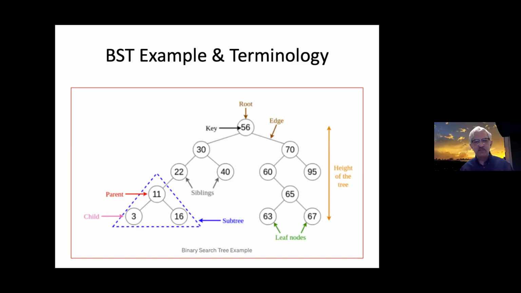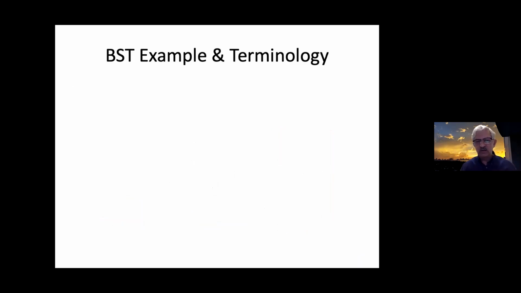Whereas with a dynamic binary search tree or with dynamic data structures, you never know what kind of values are going to come in and what kind of values are going to leave the tree. So it's very difficult to pre-plan and to make the data structure as efficient as possible. Remember, the efficiency of the data structure depends on its height, and that's because we saw this in the earlier slide.